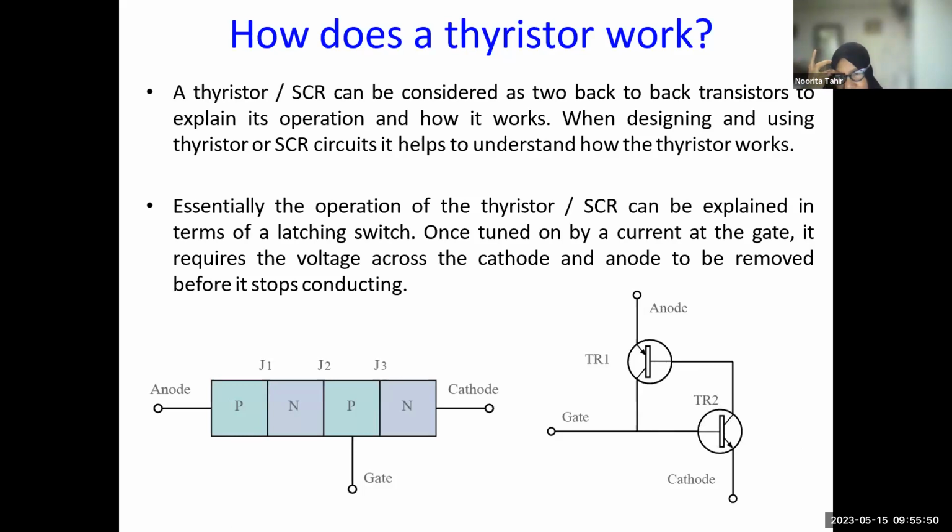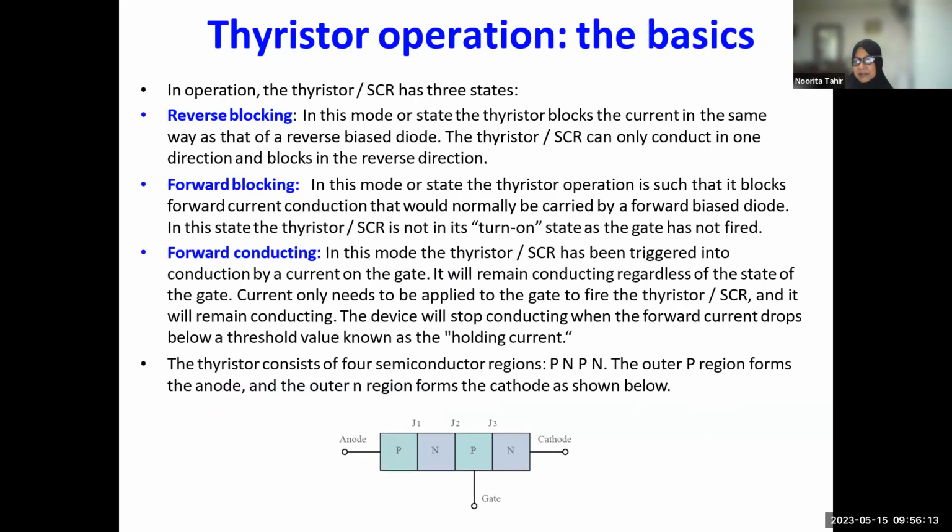It will then cause TR1 to turn on accordingly, and in turn, this pushes current through the base of TR2, meaning that the device will remain in the on state even if the gate voltage is removed, before it stops conducting. That is how our thyristor works.